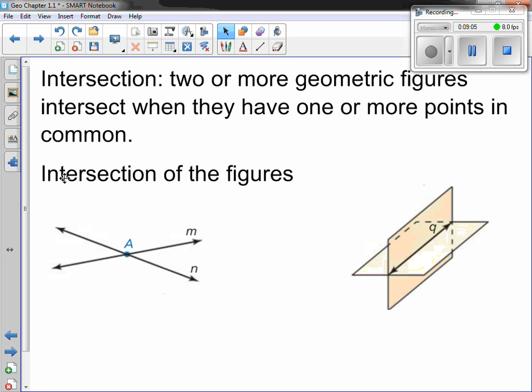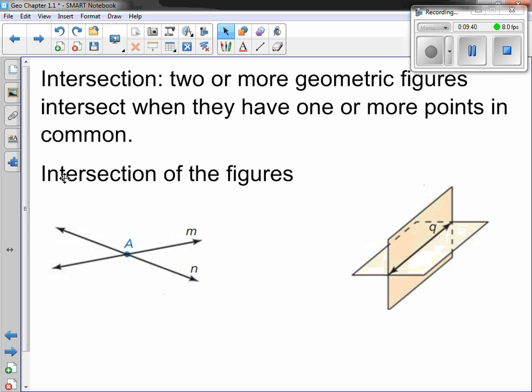How many points make up a line? Well, we need 2 to make a line, because through any 2 points we make a line. But along that line, I can have an infinite number of points. As many numbers as there are on the number line, I can make in a line. So that's why they say 1 or more points in common, because every point on that line is in common with those 2 planes. Now, when it's 2 lines that intersect, they intersect at a point.